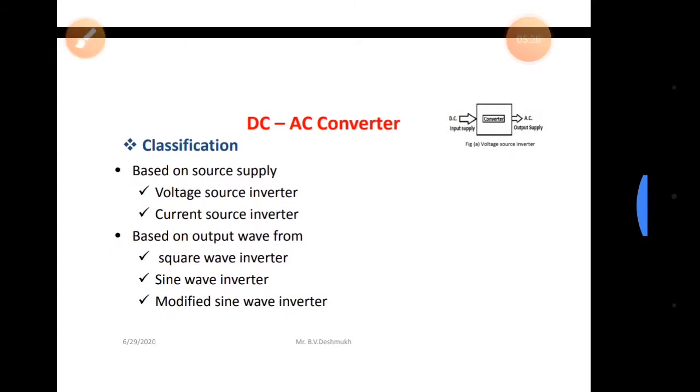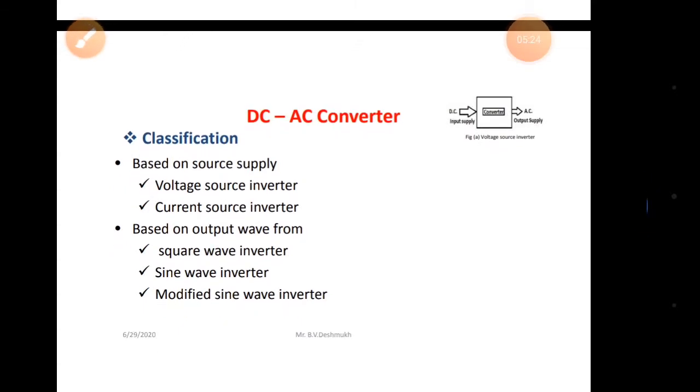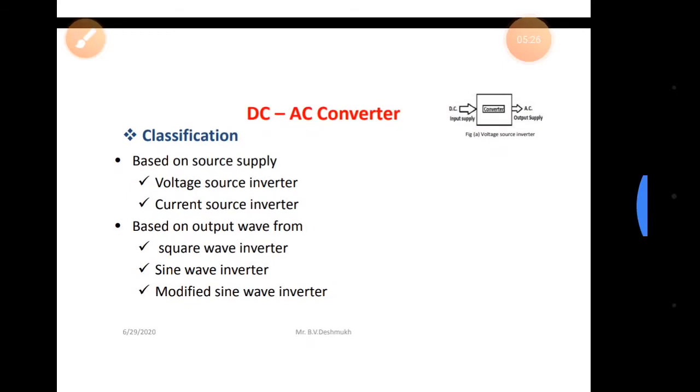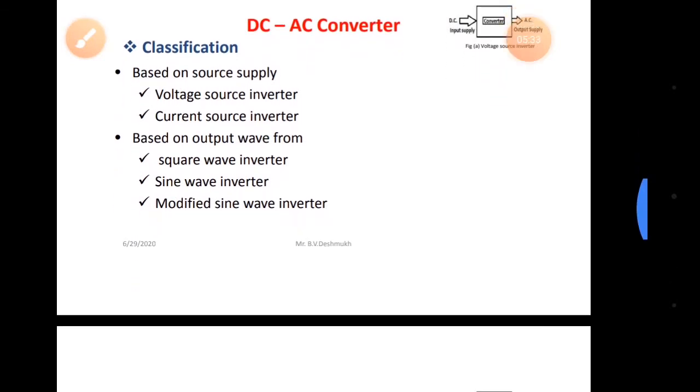Based on the source supply, voltage source inverter and current source inverter. Based on the output waveform, square waveform inverter, sine wave inverter and modified sine wave inverter.